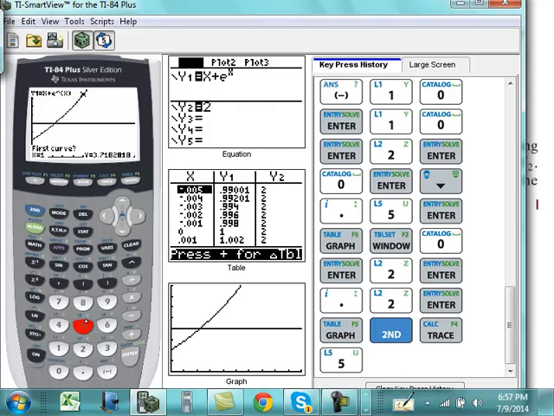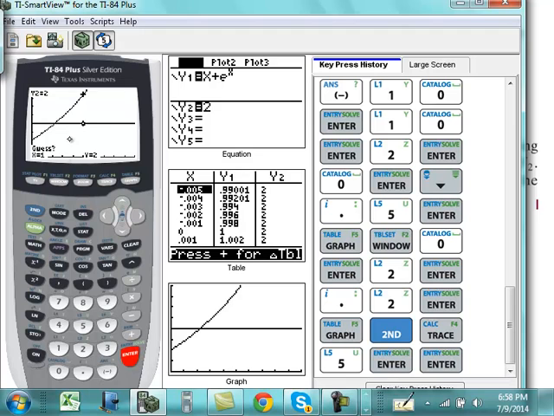And now they're going to ask us which two curves do you want to find the intersection for. Well, for this problem, we only have 2 curves. But this is a useful thing if we have 3 or more curves, because it's only going to find the intersection of 2 curves. So we'll just go ahead and select that one and that one. Just hit enter both times.